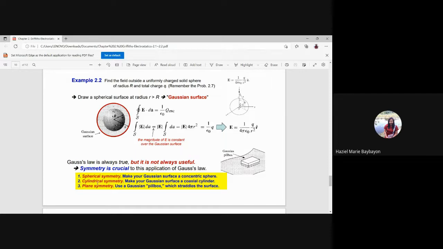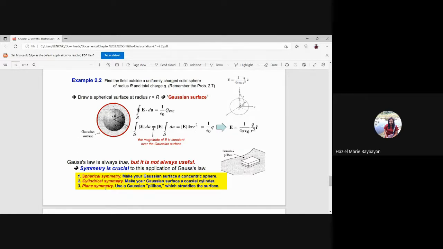And then, for example, you can also use a cylindrical surface for cylindrical symmetry. For example, if you have a wire or a charged rod, and you want to know the electric field at a point near the rod, you can make a cylindrical Gaussian surface because it has cylindrical symmetry.